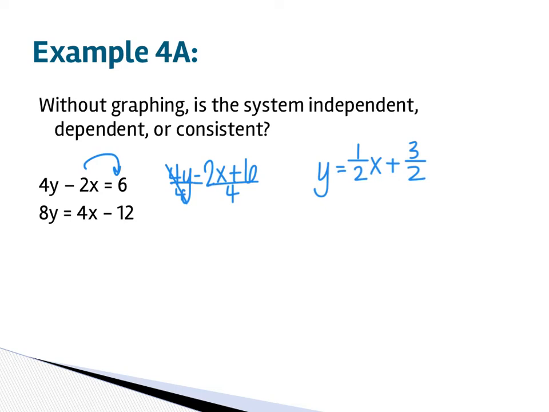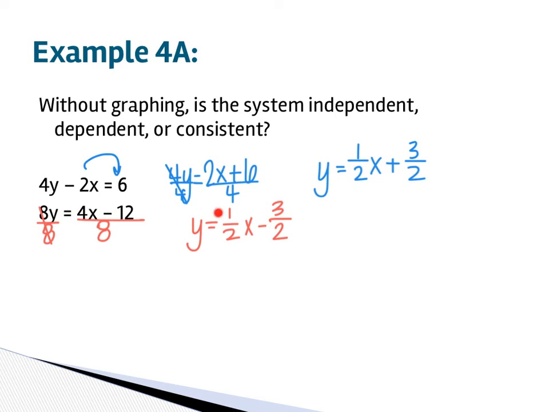For the second graph, I need to get y by itself, so I'm going to divide both sides by 8. And I get y equals 1/2 x minus 3/2, because 4 will go into 12 3 times and 4 will go into 8 2 times, so 3 halves. So I get same slope, different y-intercept.